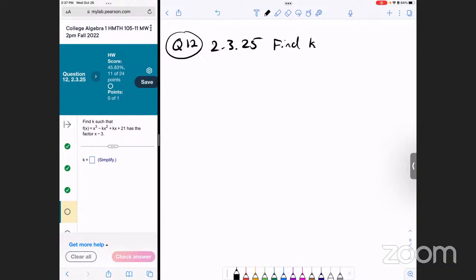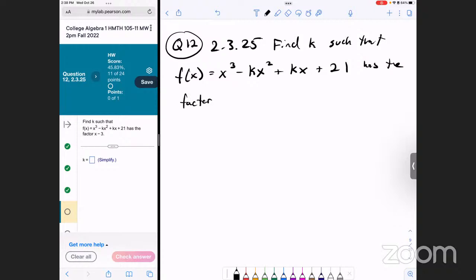Find a k such that f of x equals x cubed minus kx squared plus kx plus 21 has the factor x minus 3. Okay, so that means 3 goes in our chair. Our coefficients end up being 1, negative k, k, and 21.